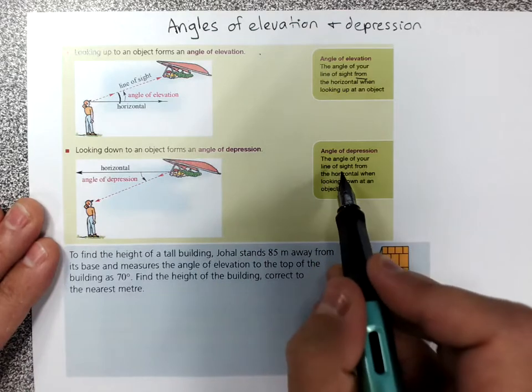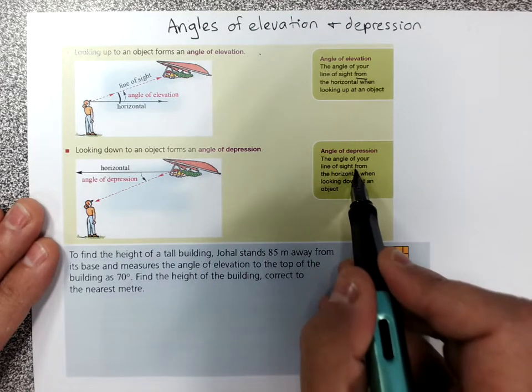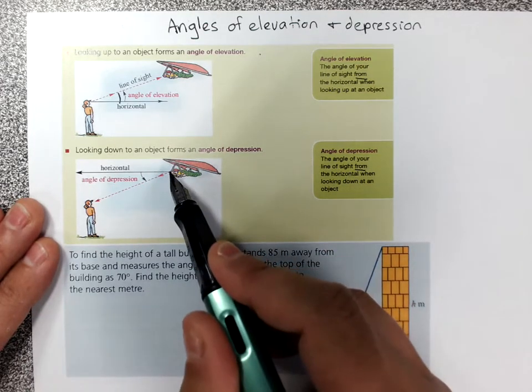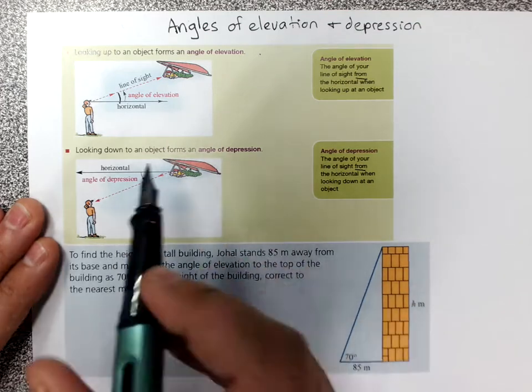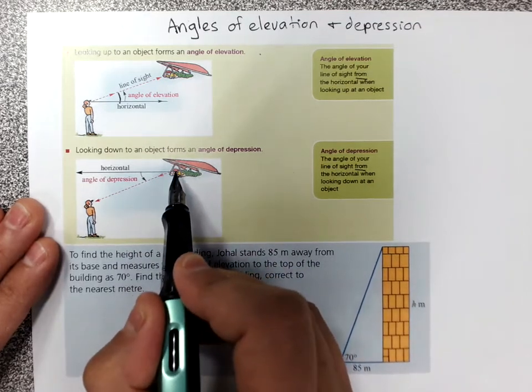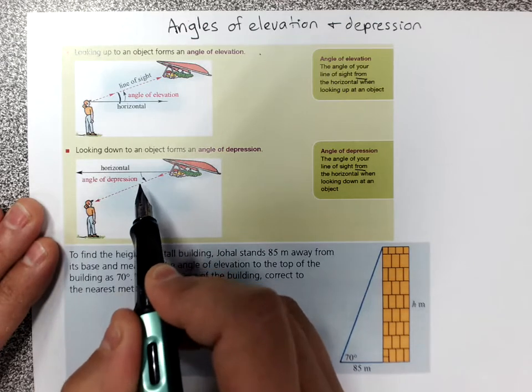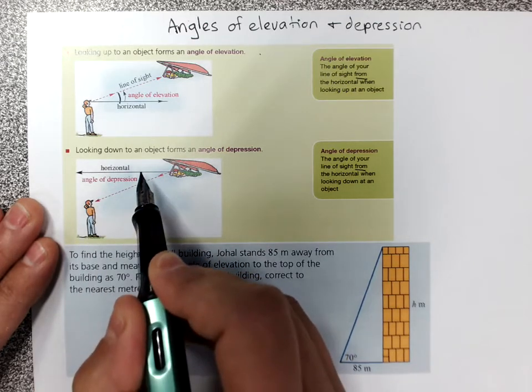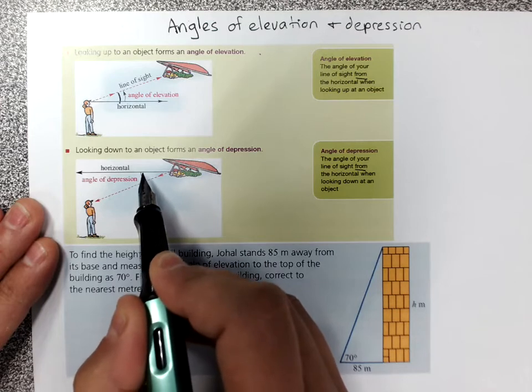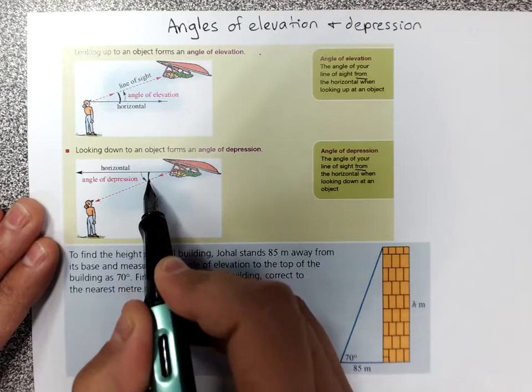The angle of depression is from someone up here looking down. Again, if this person in the hang glider looked out along the horizontal and then looked down at the person, it's the angle of depression. It touches the horizontal.